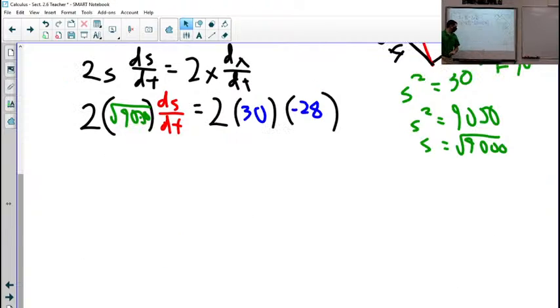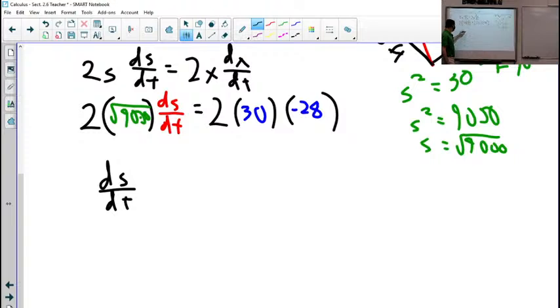So now we have all the pieces plugged in. Notice that we had to use the Pythagorean theorem to get what s was. ds/dt, when I solve, will round to negative. Hey, it was negative.